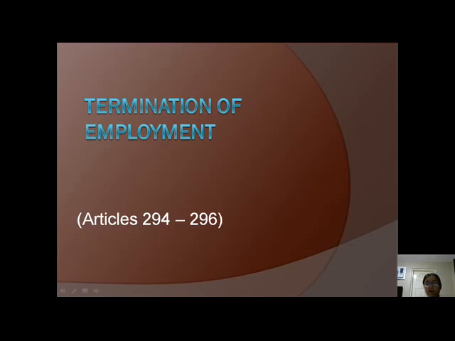So from recruitment and selection until the termination of employment. This is very important for you to know because it will really help you in doing your job as a future HR practitioner.